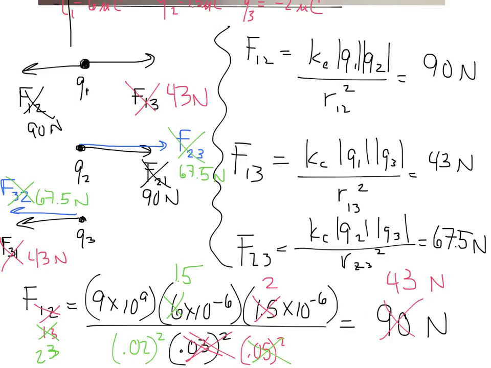So what's the overall force it's going to feel? Which way? Good. The first one feels 90 left and 43 right, so it's going to be an overall force of 47 left. Think about a balance. Which one is stronger? 90 is clearly bigger, so the net force has got to be to the left, and then just subtract the two.